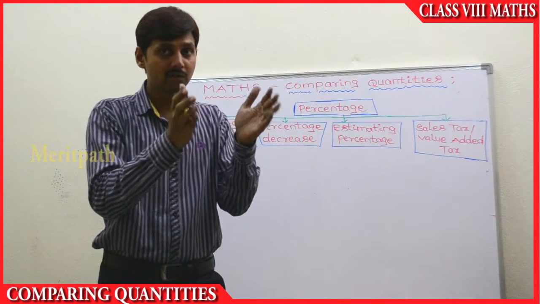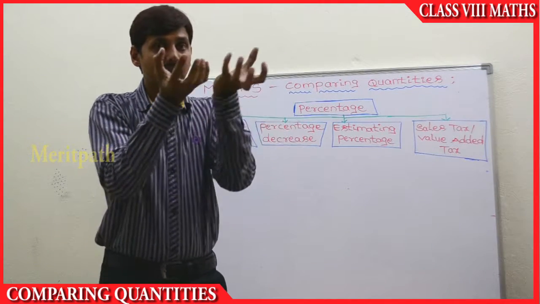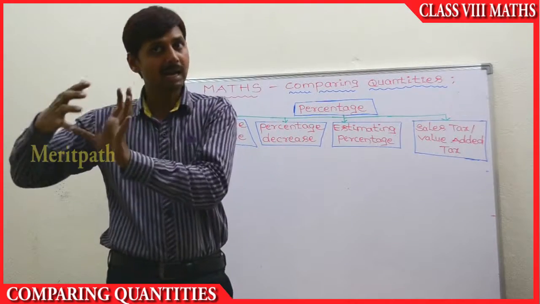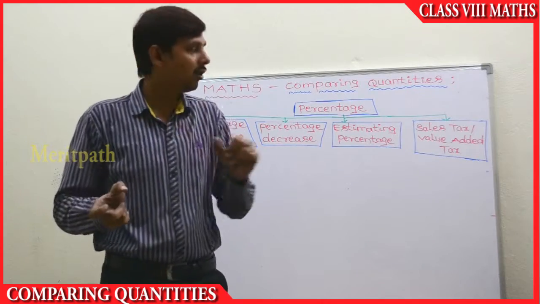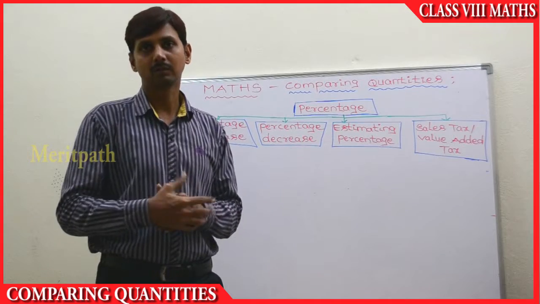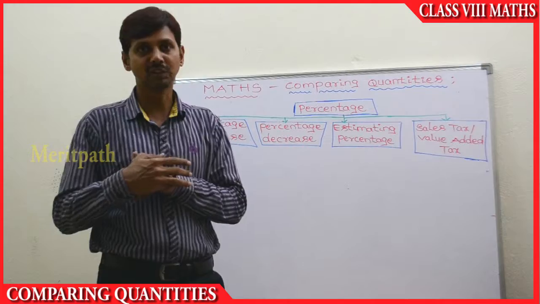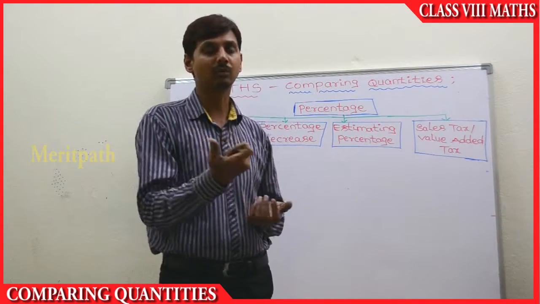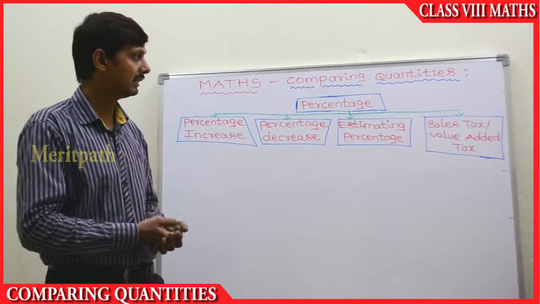If it is 1% or 2%, we will take that percentage of the price. 1% of the price we will take and add to that MRP, and we will get an amount, that is called the total amount we need to pay to the shop or the seller from whom we are purchasing. So sales tax is how much amount of money we are adding to the MRP of the particular thing. So this is the sales tax and value added tax.